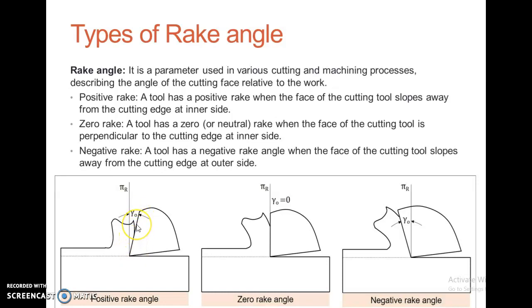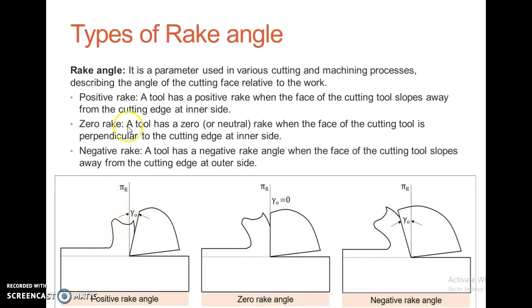This is called the positive rake angle. From this point of contact, the cutting edge, draw a line. This angle is called gamma. It can be said to be the positive rake angle.